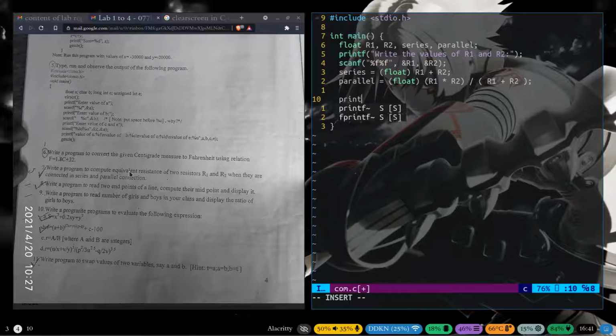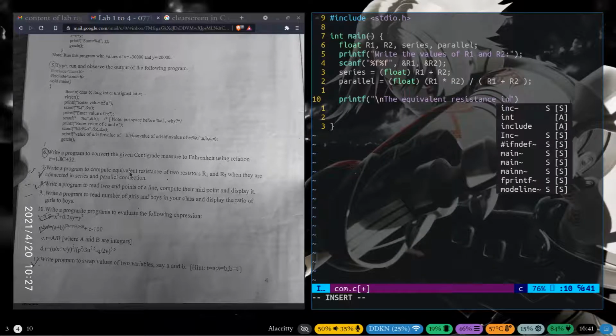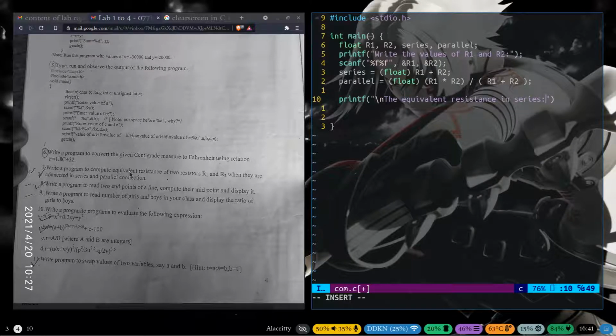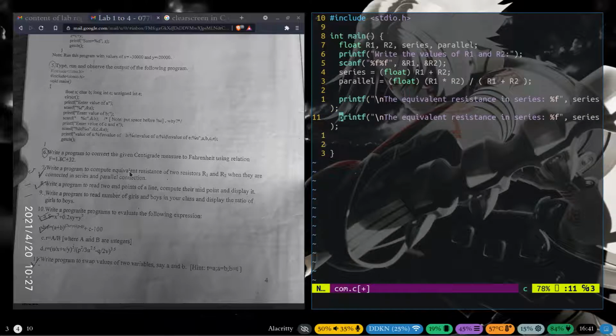So print the equivalent resistance in series is F series, and equal parallel. Okay, so I think this is okay.